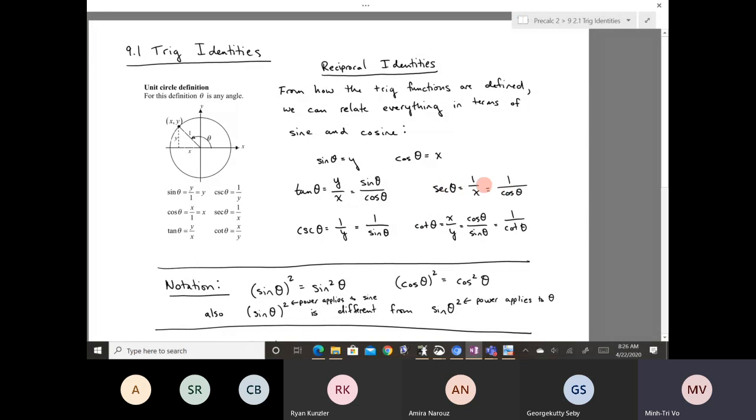So secant is the reciprocal of cosine, cosecant is the reciprocal of sine, and cotangent is the reciprocal of tangent. Additionally, you can see the relationship between sine, cosine, and tangent. The formula for tangent is y over x, but y is just sine, and x is just cosine. So that means that tangent has to be sine over cosine.